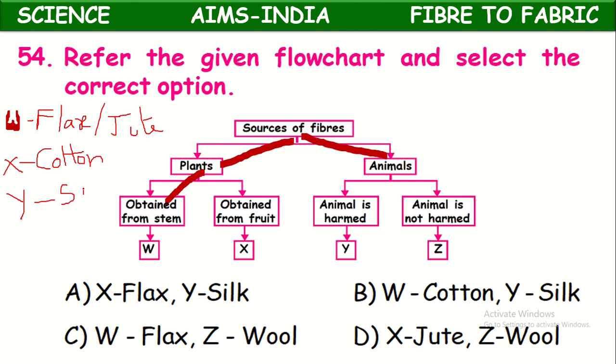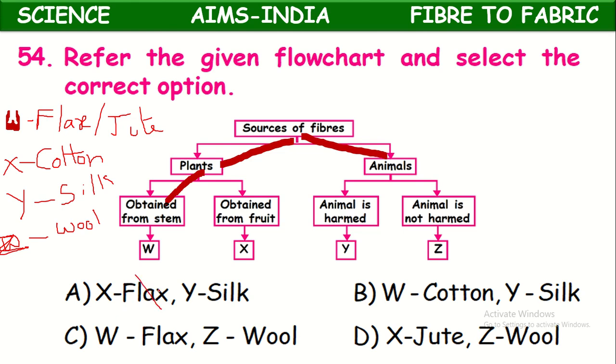So Y is silk. And next, if the animal is not harmed while taking the fiber, we just take the hair. For example, while taking wool from animals, the animal is not harmed, just the wool is trimmed. So Z is wool.